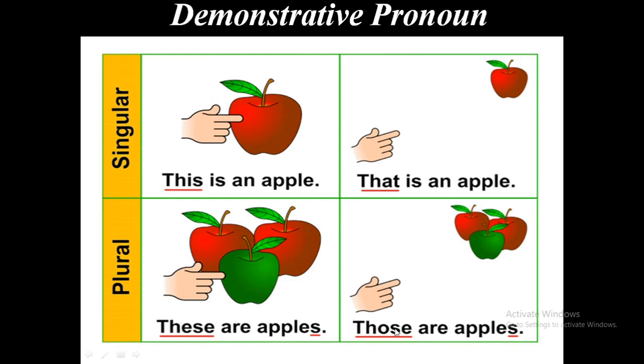"Those" is used with the plural, the objects which are far away, apples, and "that" is used with the singular, the things that are far away. These four are called demonstrative pronouns. I hope you understand. Let us move on to another pronoun, indefinite pronoun.